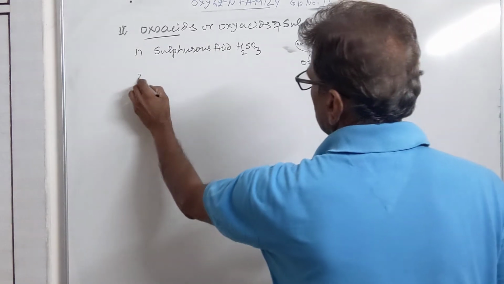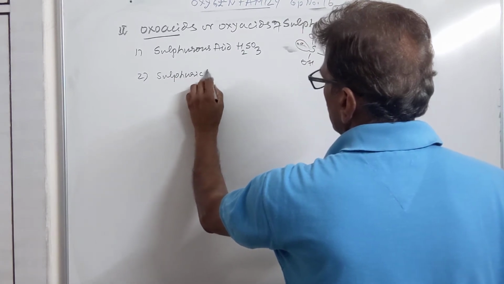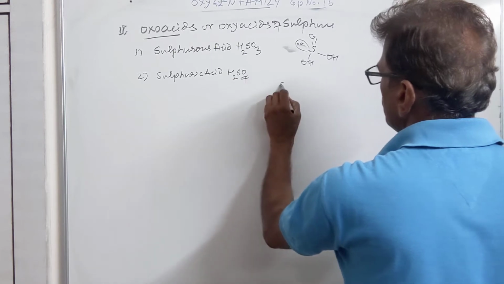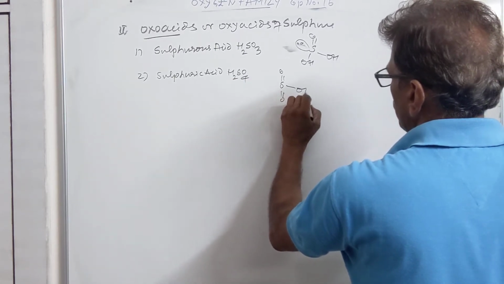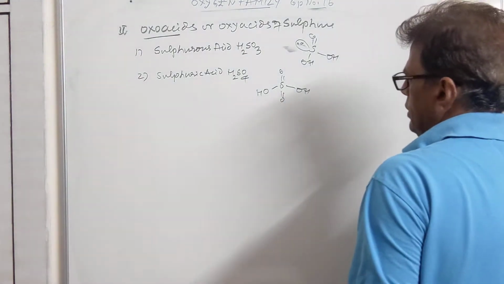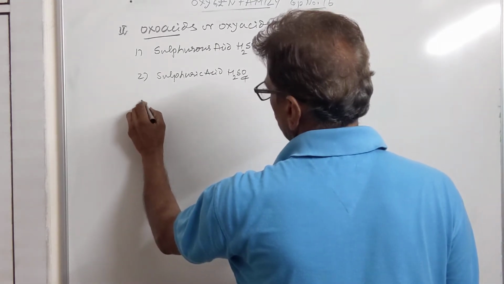Then we have the second one, sulfuric acid, H2SO4. It has no lone pair, two double bonds are formed with two oxygens, and two single bonds are formed with the oxygen of OH groups.